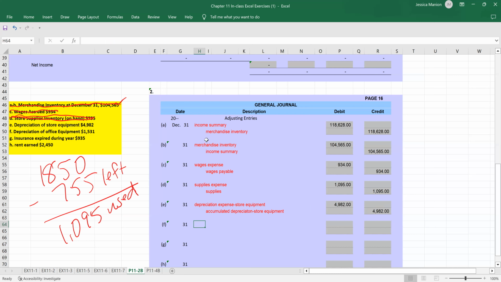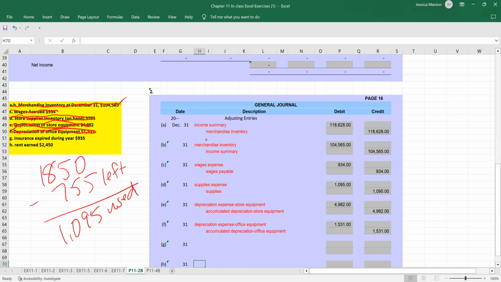And again, letter F is also a depreciation entry, but it's for the office equipment. So very similar. We debit depreciation expense for office equipment 1531. We credit accumulated depreciation office equipment 1531. Okay, so we've got both of those taken care of.